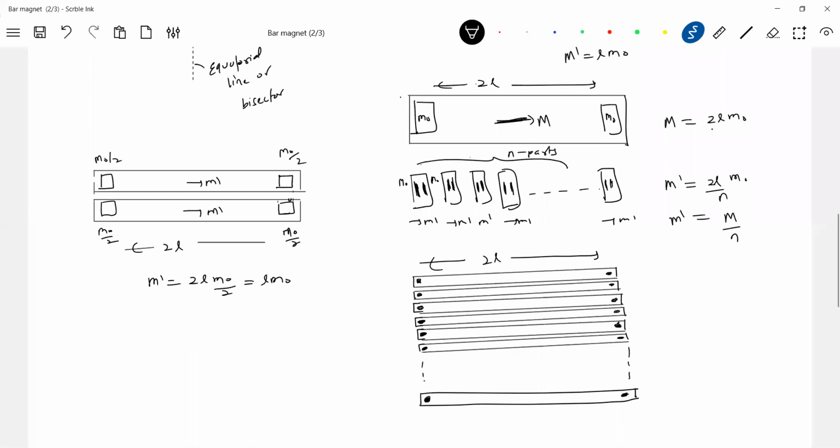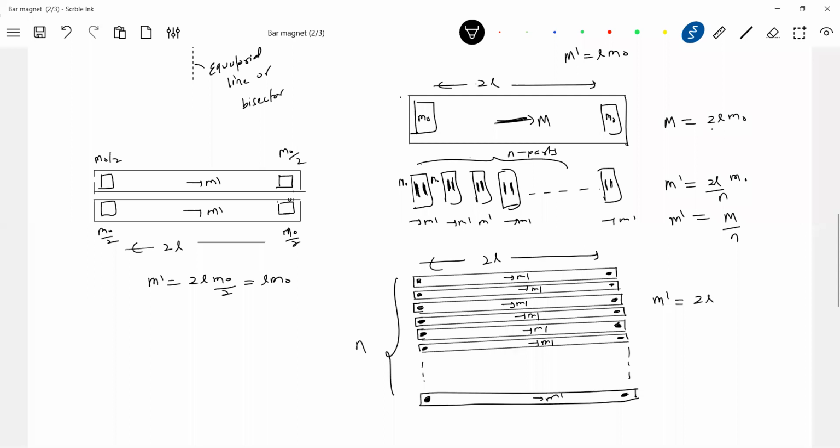Now what is this M dash? Later on I'll color it, then I'll post it. So the pole strength has decreased; it is divided into say n parts. So what is M dash?